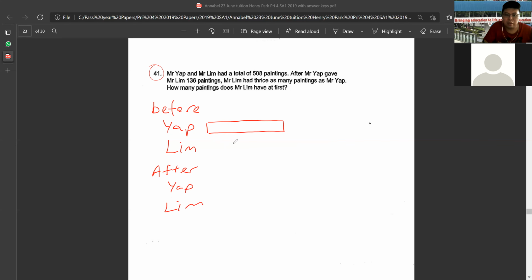Okay, 136, right? Mr. Yap gave Mr. Lim 136. Then Mr. Lim had 3 times as many as Mr. Yap. Okay. So Mr. Lim originally had this amount.